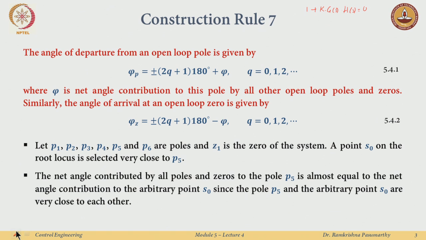Let us try to understand what this means and draw a little picture here. Say I have 6 poles and 1 zero, and I am interested in how P5 moves. So, let us get a scenario here.